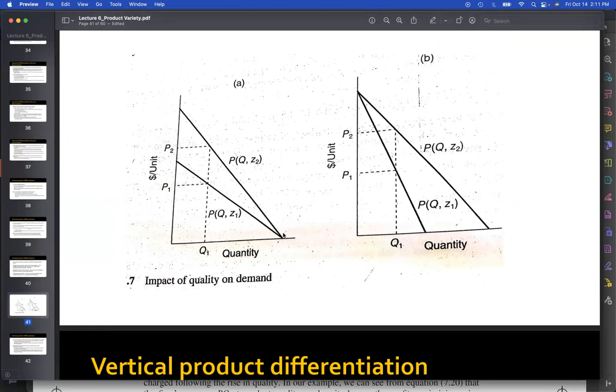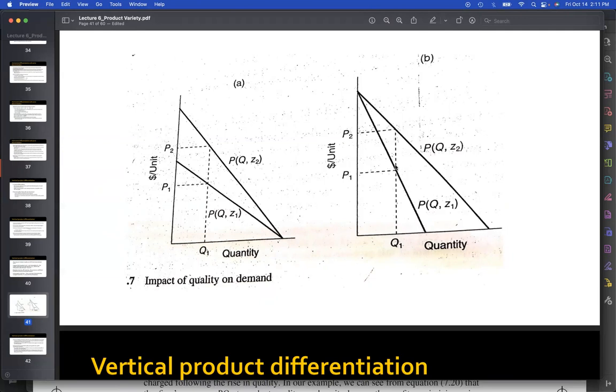The picture on the left will pivot along the quantity axis, and you're shifting along the price. That means everyone inframarginal here is getting a higher willingness to pay. Whereas in this one, you're pivoting along the price, the highest willingness to pay, and it's moving along the quantity line.